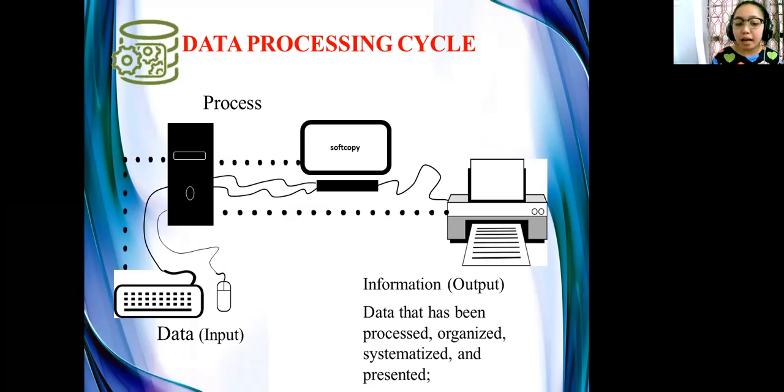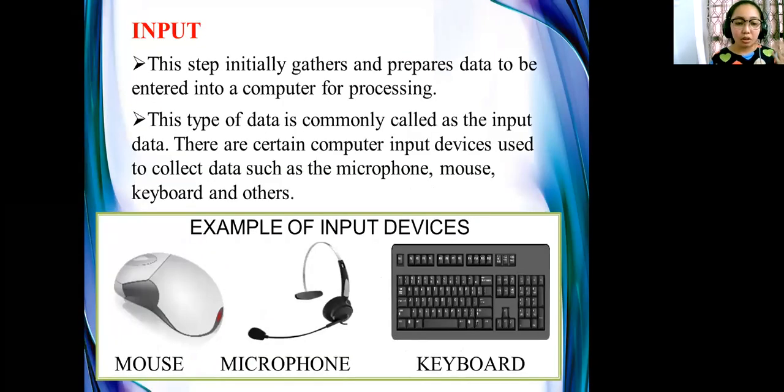So yung input natin is data. Process is yung ginamit natin na proseso, either manual siya or electronic operation. Then pupunta na tayo kay output or the information na makukuha na natin. So input is a step initially gathers and prepares data to be entered in a computer for processing.